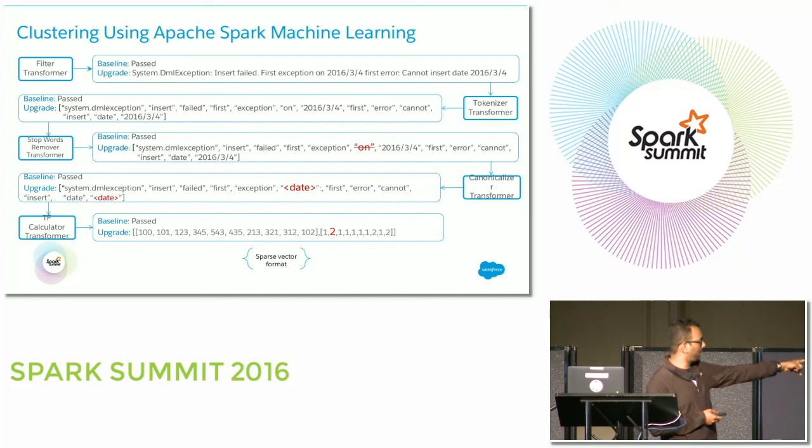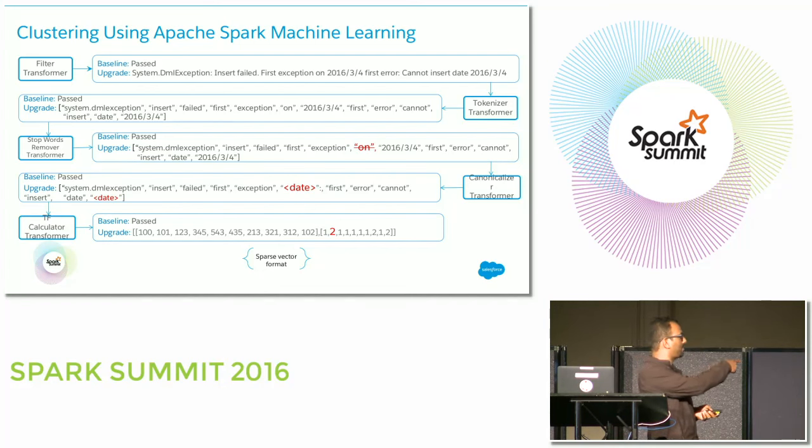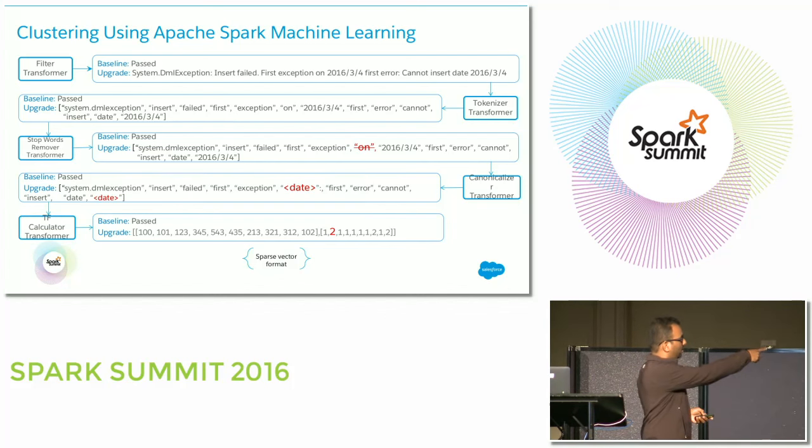The 100, 101, 123 are the hashed values for those strings, where the hash space is every single unique word in the overall error space that we have. So you take the list of all the error messages and compute the unique words. That's the hash space we are talking about, and that influences the hash key here, like 100, 101, and 201. The second part is the frequency at which they have occurred. So system.dml exception has occurred just once, whereas insert has occurred twice.